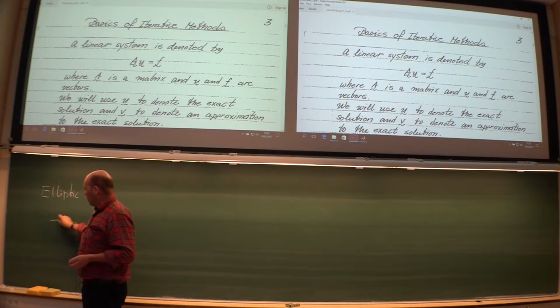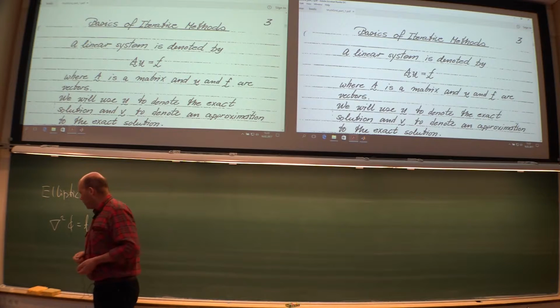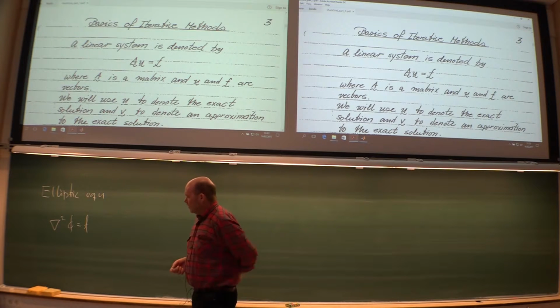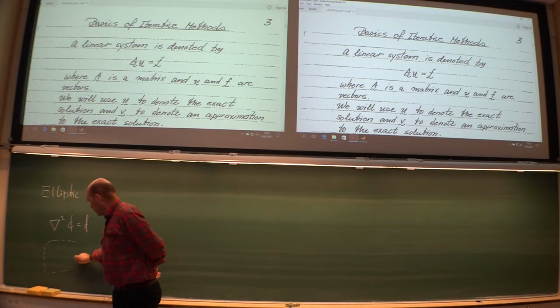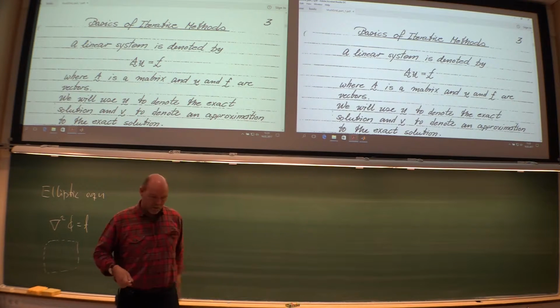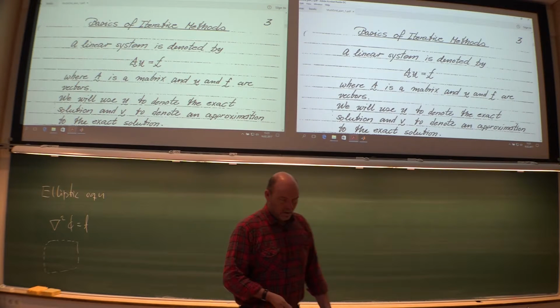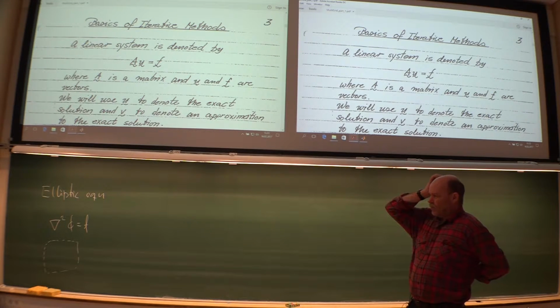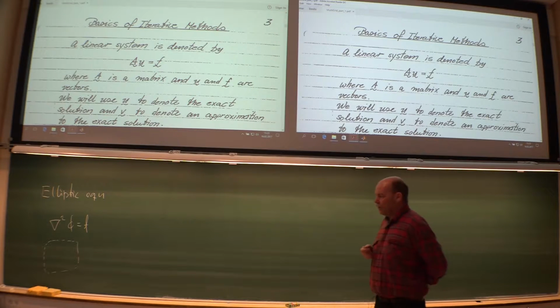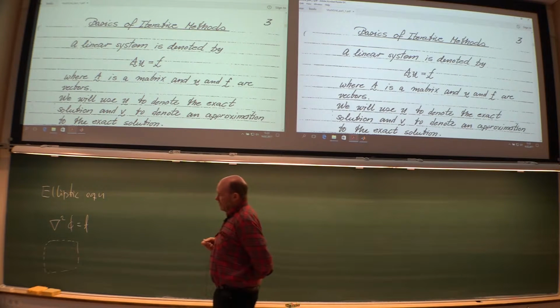Like the Poisson equation, we had this one, for instance, on a domain, and if you can recall from elliptic equations, to solve it on a domain, you are going to need boundary conditions all around the boundary. You can't leave part of the boundary open. Here you don't have any real characteristics.